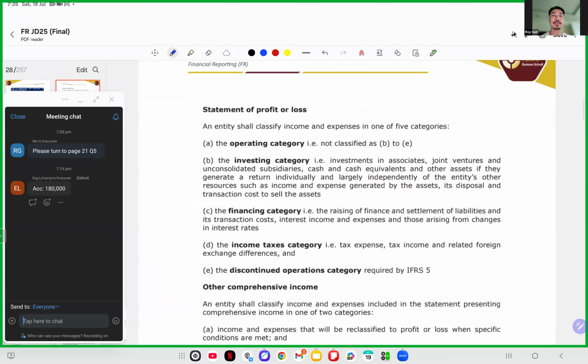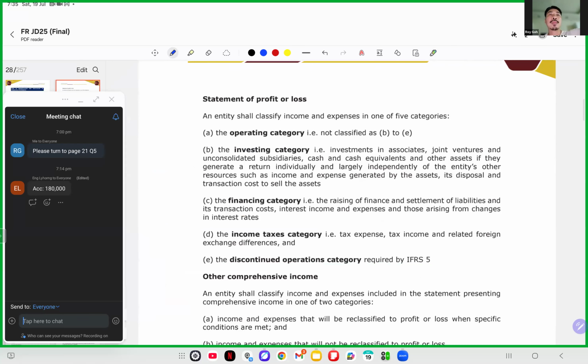So together, we call this financial statements. Now you look at P&L. Ready? SOPL shall report the profit or loss after tax, PAT. So you call this profit after tax, PAT.